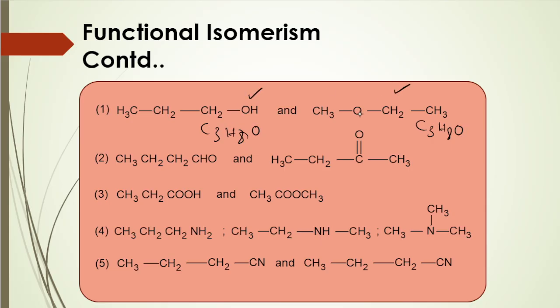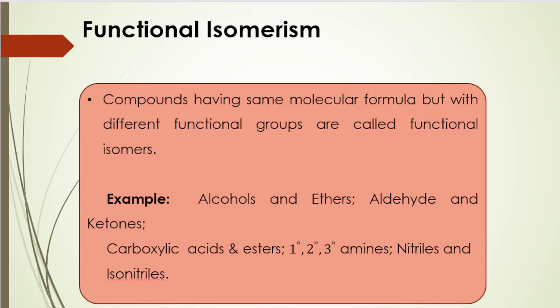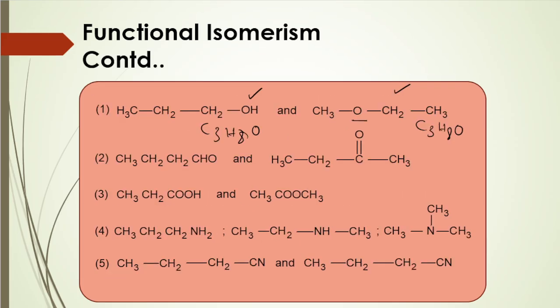In the second structure, O is the functional group. So the first compound is an alcohol, the second compound is an ether, but both are having the same molecular formula. That's what they have paired up. Alcohols and ethers can be functional isomers with the same number of carbon atoms, likewise aldehydes and ketones, carboxylic acids, esters, primary, secondary, tertiary amines, nitriles and isonitriles.